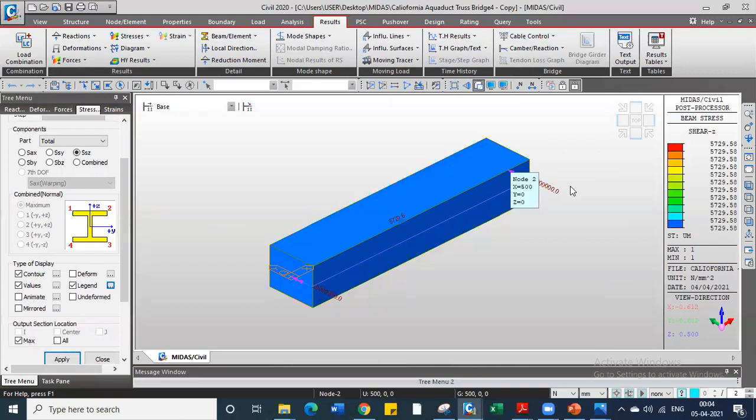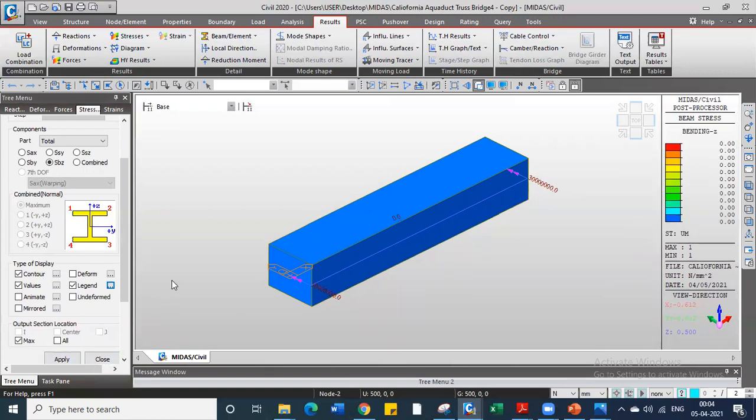Remember, the area of cross section in both cases has been kept the same for the purpose of comparison. It's just that in one case it is circular in cross section, in another case it is rectangular. Again, if we check the bending stress, I believe here it will also be zero, because again there is no bending moment acting along the length of the beam due to this uniform moment acting on the beam. But the shear stress developed in this case will be 5,729.